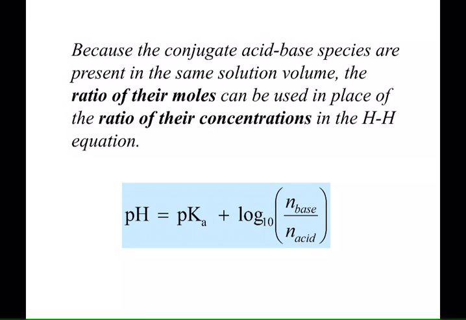Okay, so we have two forms of the Henderson-Hasselbalch equation. Again, it has to be a buffered solution. This can be very helpful. And on Twitter, I pushed out the biological importance of buffered solutions, because I think that's kind of interesting.